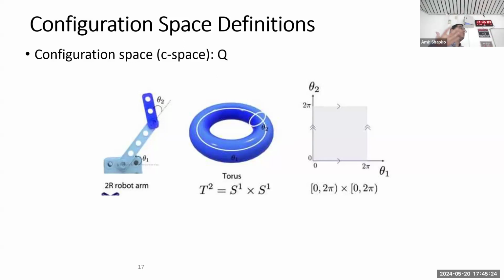This is the topology of the configuration space, but we don't use this so much. We use this flat space, and we say it can be warped around. So 0 and 2 pi are the same.